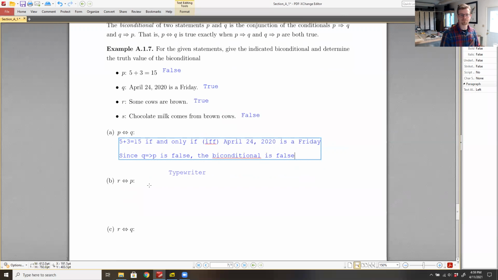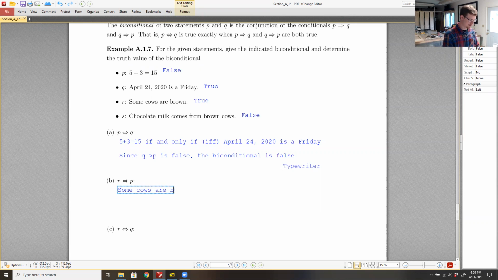All right. For our next one, R if and only if P. So some cows are brown if and only if 5 plus 3 is equal to 15. Now, in this case, the implication from R to P is false, because some cows are brown, yes, but 5 plus 3 is still not 15.